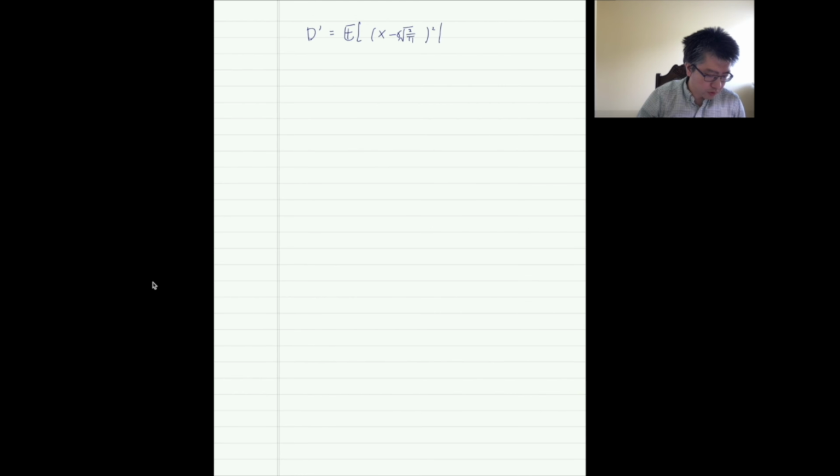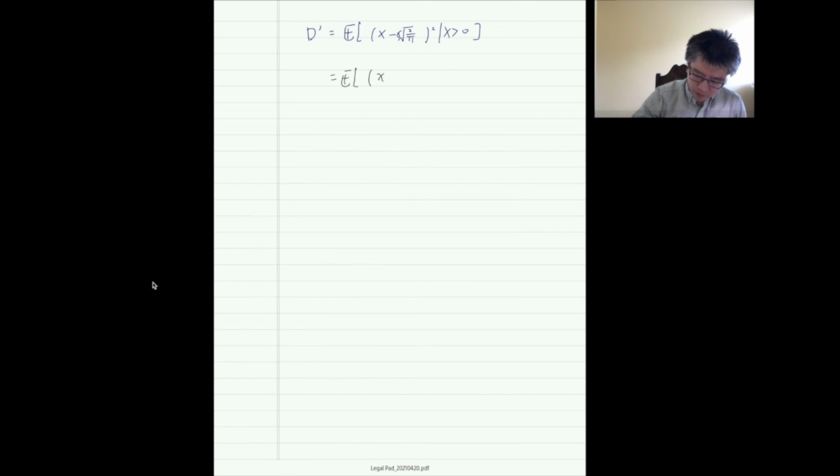What we would like to compute is the distortion when x is bigger than 0, and then when x is less than 0, and then we can get the result.